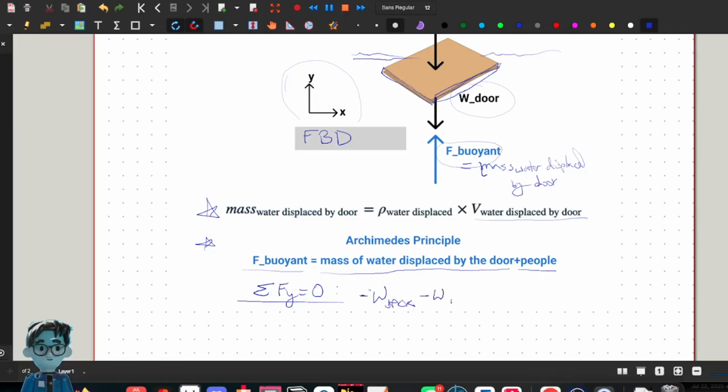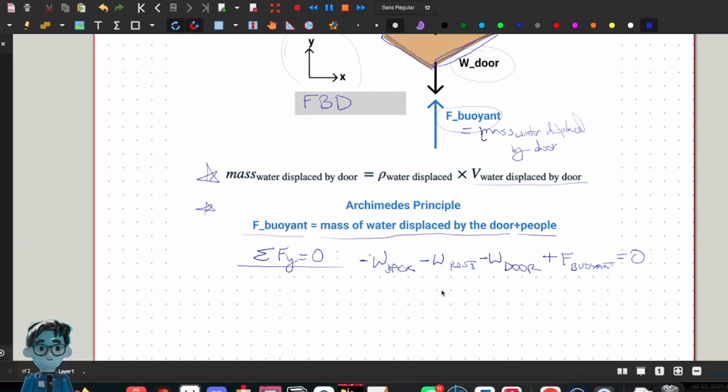We have the weight of Rose pointing down. We have the weight of the door pointing down. Then we have a buoyant force pointing up, so we'll call it F buoyant equals 0, because the sum of forces equals 0. Nothing is moving. Now we can solve for the weight of Jack, which is unknown, using this equation.